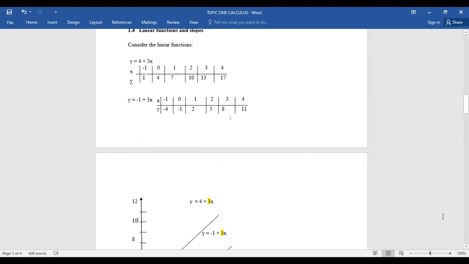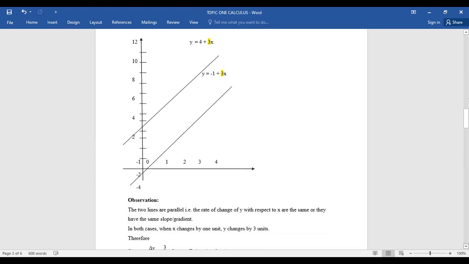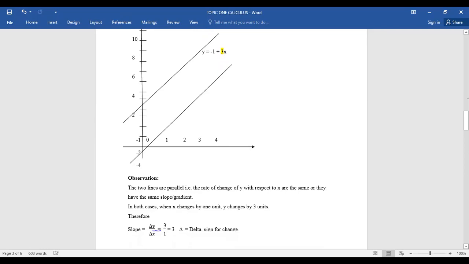So my change in y over change in x will be 9 divided by 3, which will give us 3. Which means when x changes by 1 unit, my y changes by 3 units.